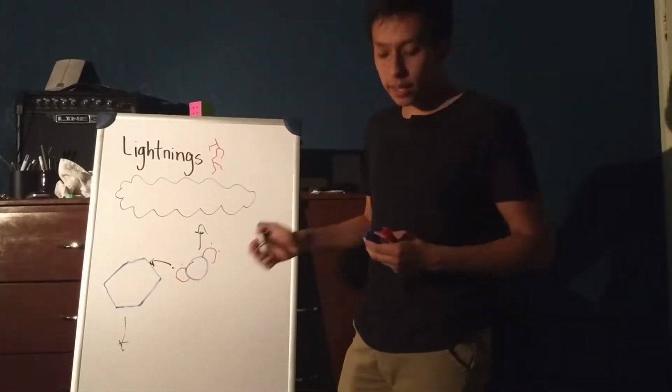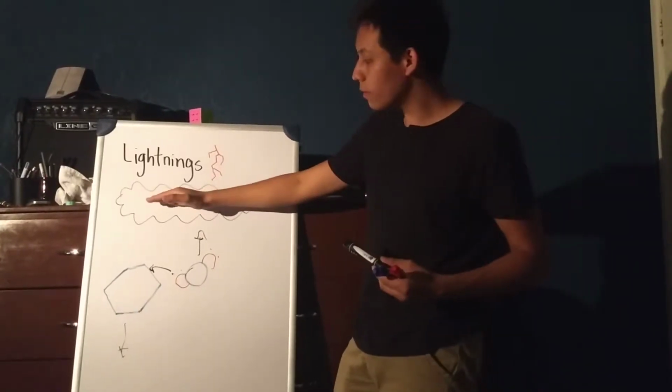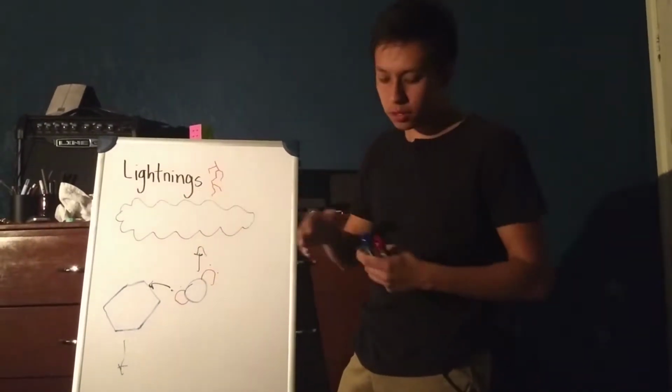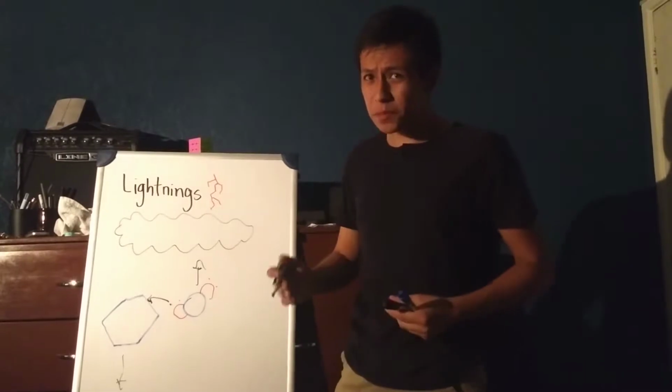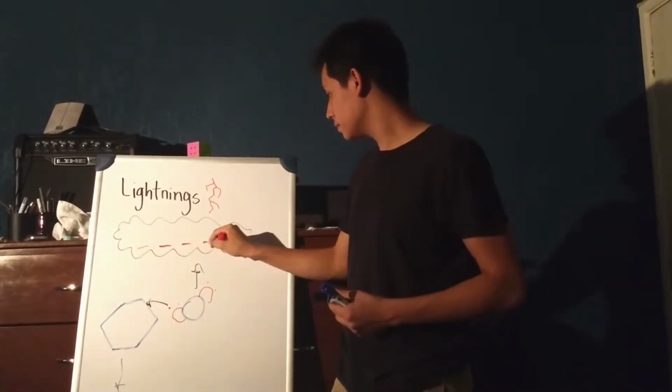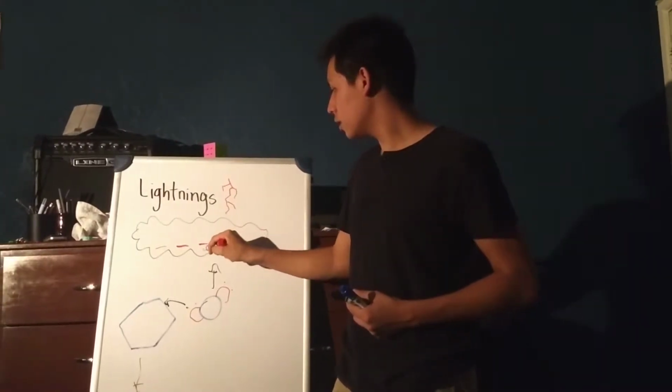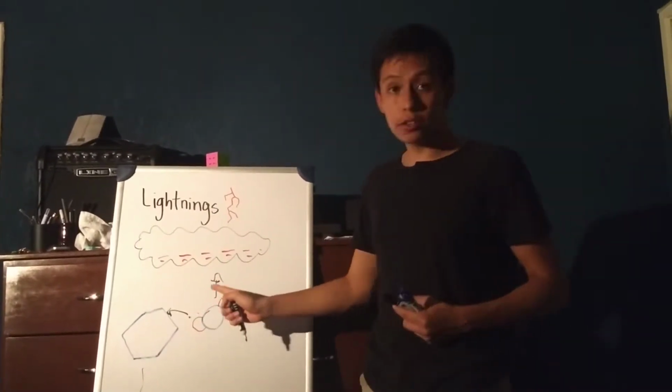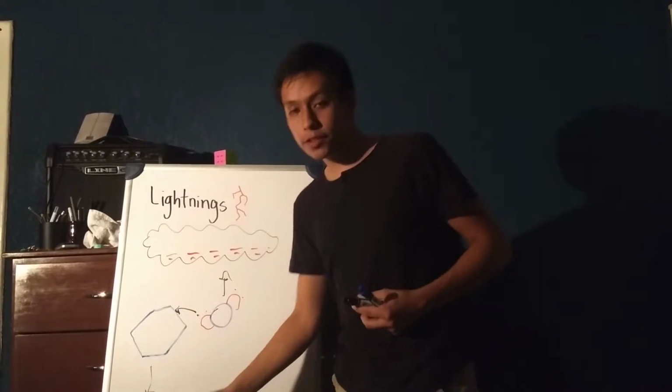What this is going to make is that we are going to have some charge density in the cloud. The negative charges are going to be on the bottom of the cloud, over here, because of the electrons going downwards.